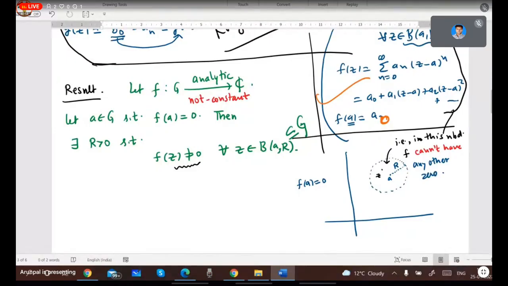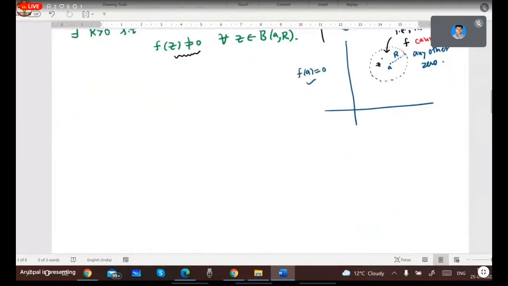It means if A is a zero of f, then any other zero of f will be at some distance from this A. So if A is a zero, then some other zero will be at some distance.